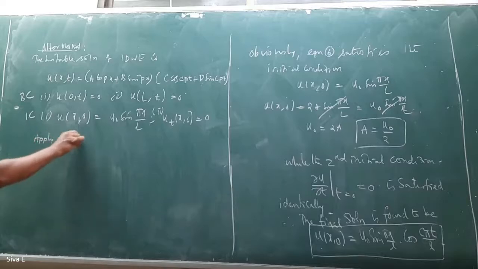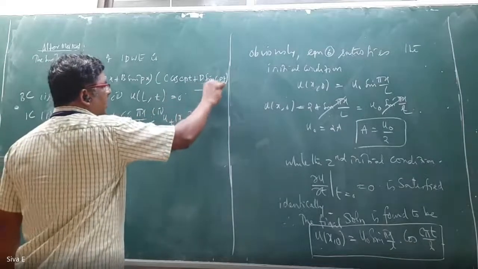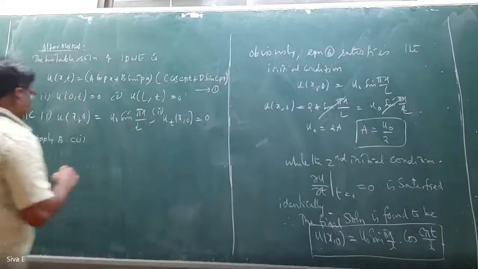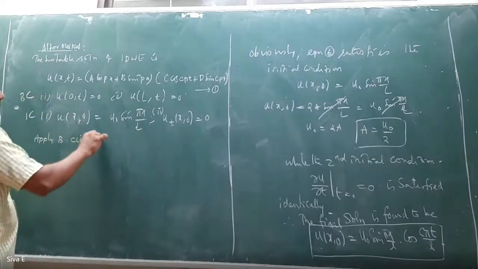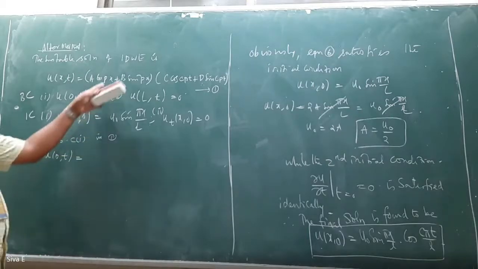Apply boundary condition 1 in equation number 1. Then what do you get? u(0, t) means substituting x equal to 0.